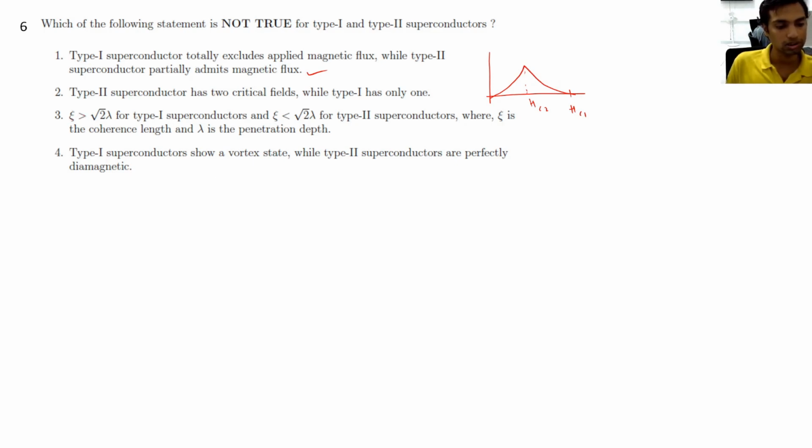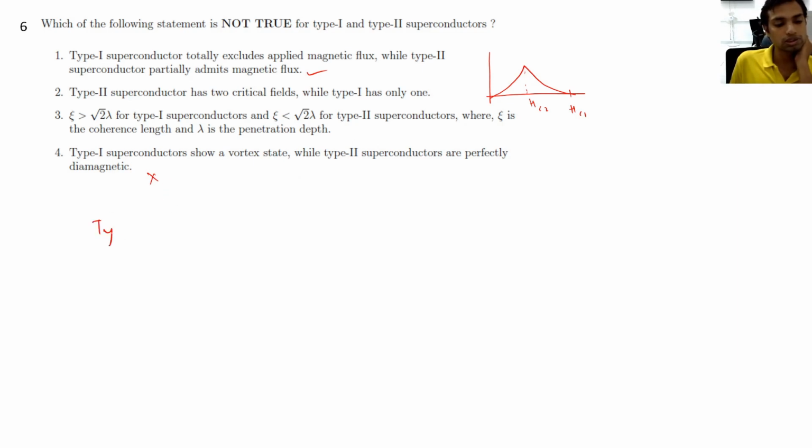Xi is greater than square root of 2, where lambda is the penetration depth and xi is the coherence length for a type 1 superconductor. Type 1 superconductors show a vortex state: this statement is wrong. Only type 2 superconductors do.